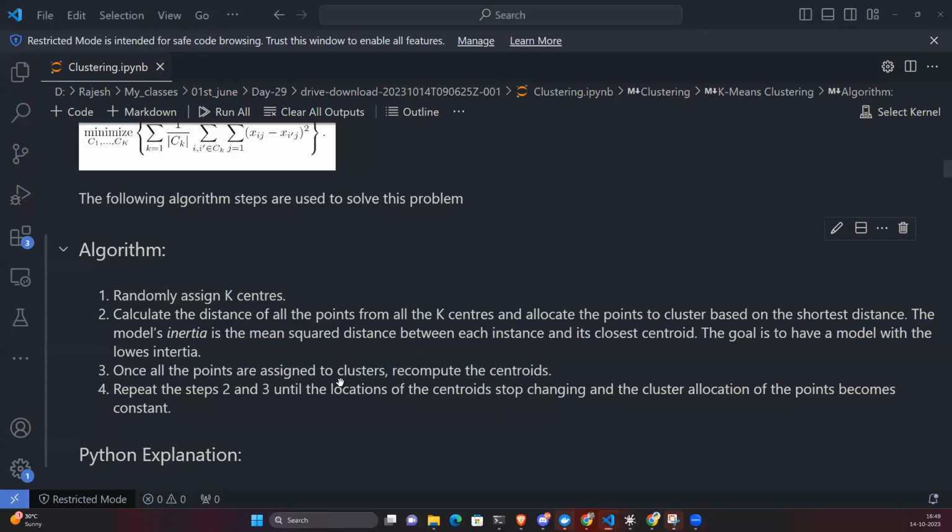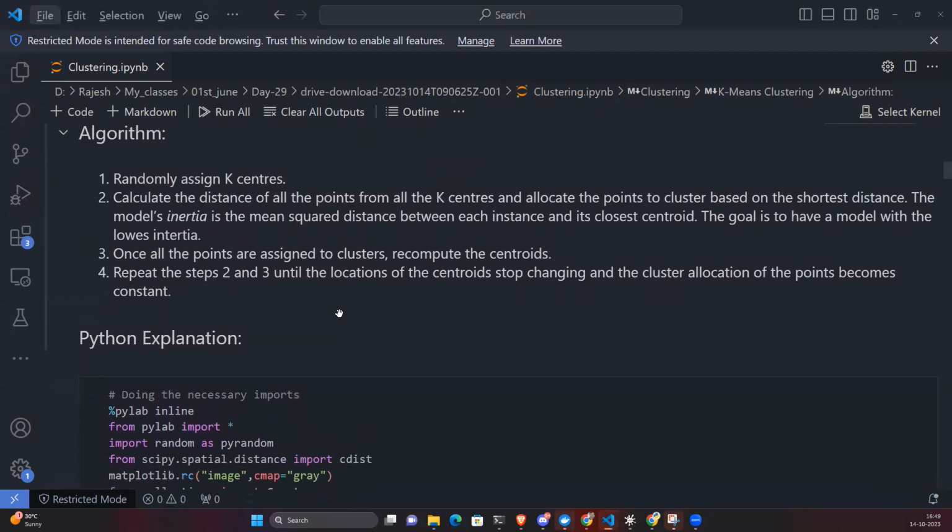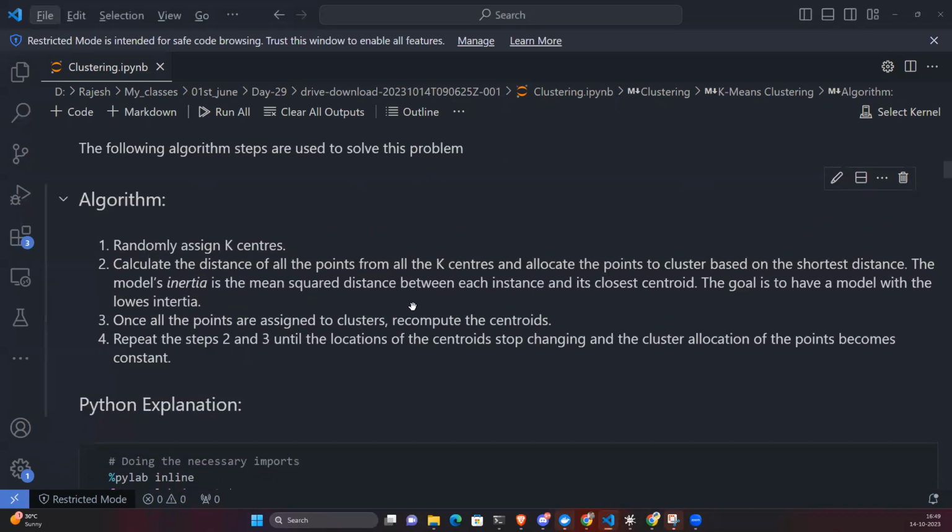You are not going to do this yourself; it is done by the algorithm. I am explaining how the algorithm works, so this is how k-means clustering works.